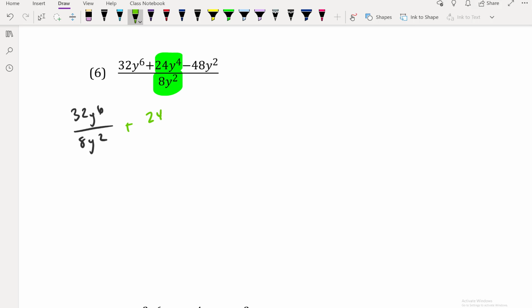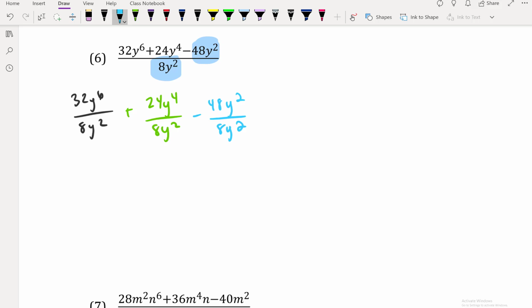So I have 24y to the 4th over 8y squared. So you see that 8y squared is going to be the denominator of all 3 of those fractions. So now let's think about that third fraction. I have a negative 48y squared over 8y squared. So now I'm going to deal with each one individually.